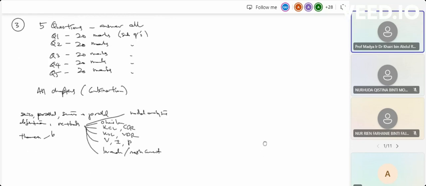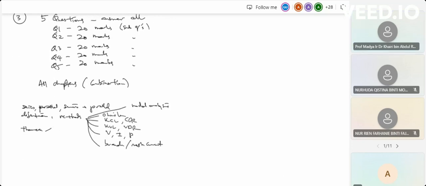You have Thevenin, Norton, and you have inductor, capacitor, resistor.